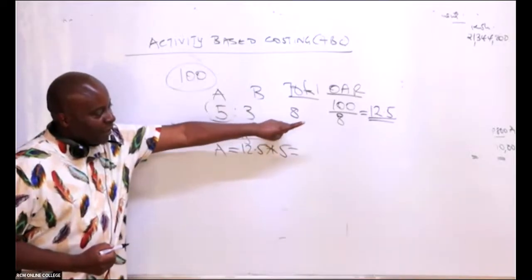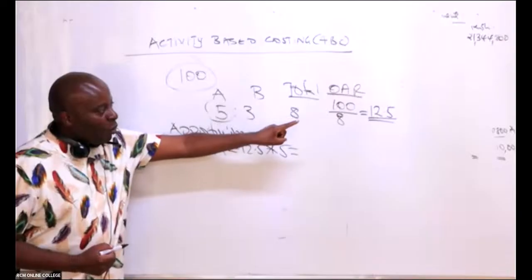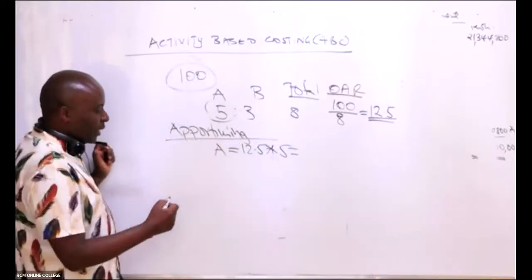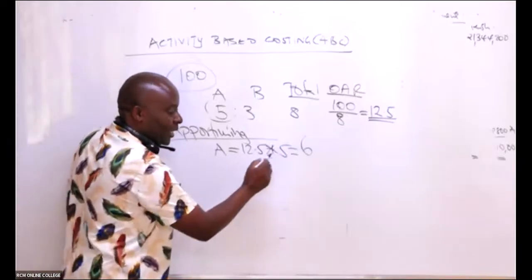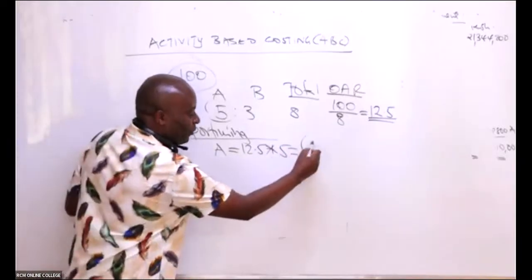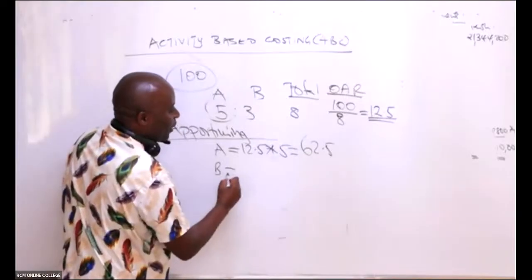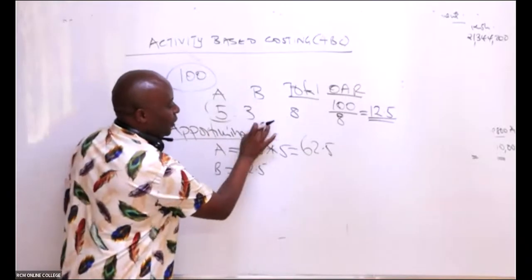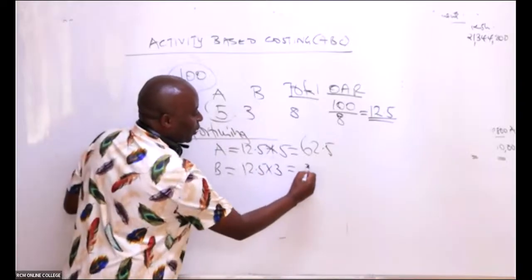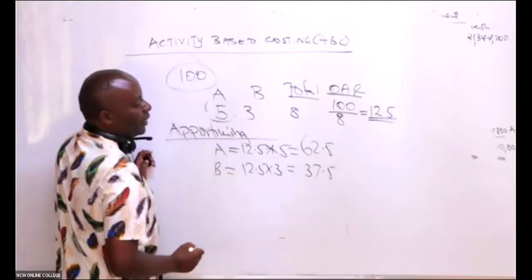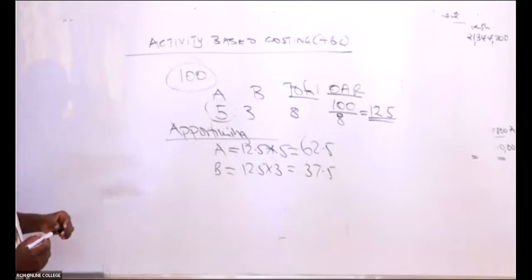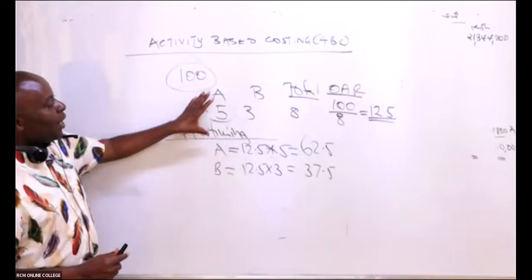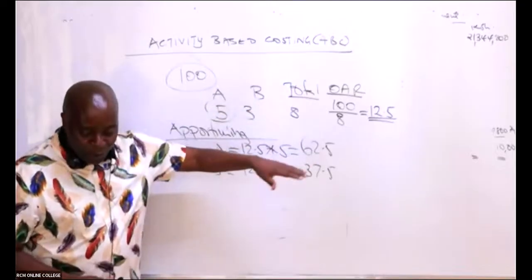Per activity unit, A will be consuming 12.5 and he has 5 units. This gives the 62.5 you gave me. And then B, it will be the OAR times his 3 units, and we get 37.5. That introduces us to activity-based costing, and we shall be using this simple approach throughout.